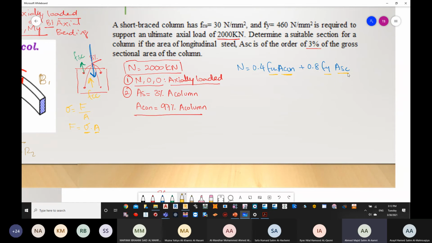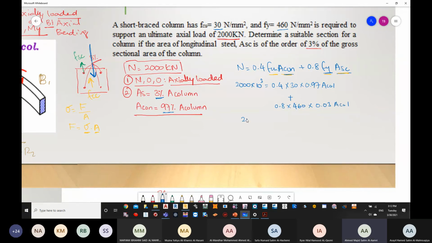Now, returning back to our problem, this value of N has been given as 2000. fcu has been given as 30. Area of concrete, we have said it's 97%, so it is 0.97 of area of column, plus 0.8 multiplied by fy, which has been given already in the problem as 460, multiplied by area of steel, which is representing the 3%, so 0.03 area of column.